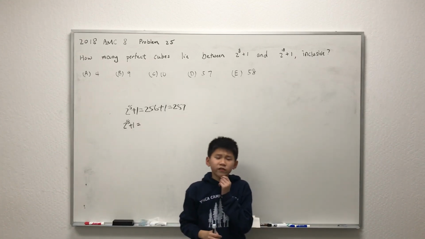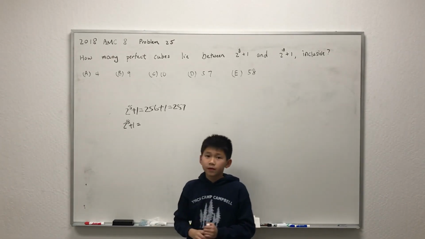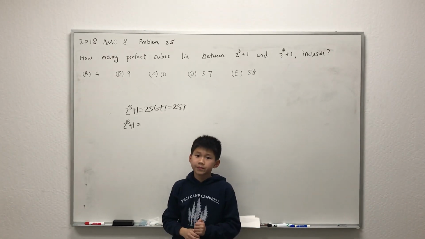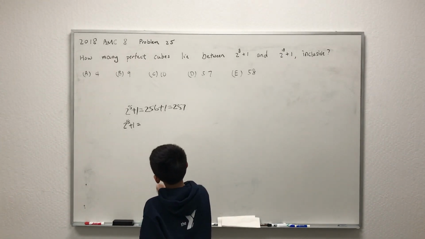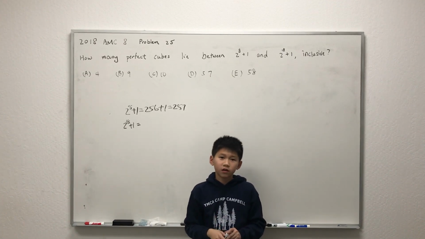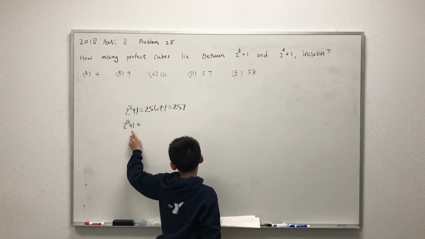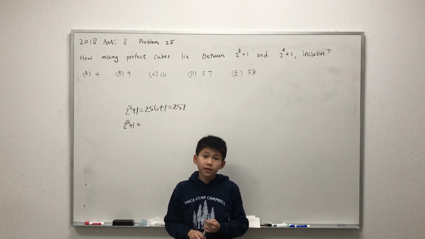So let's find a secret manipulation that will help us make this problem easier. So the problem is asking for the number of perfect cubes that lie between 257 and 2 to the 18th plus 1. This gives me an idea.